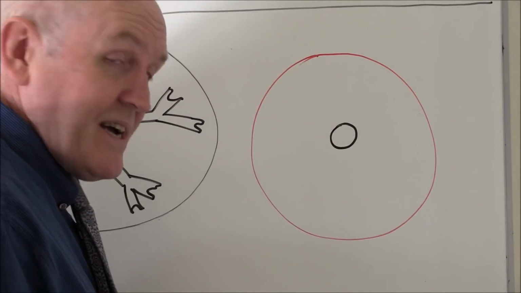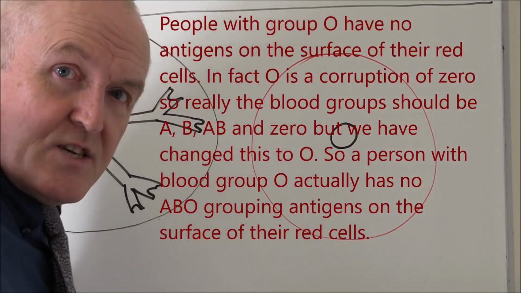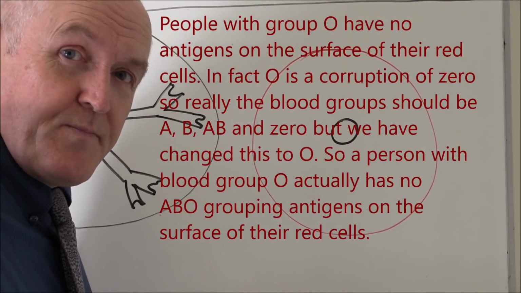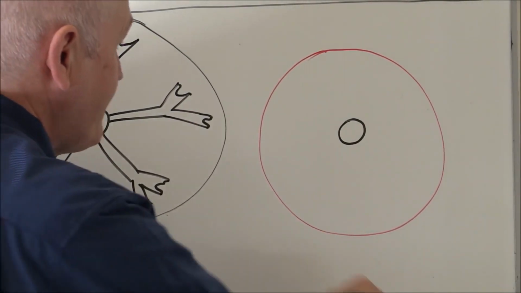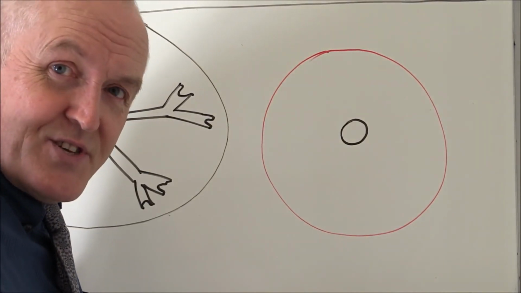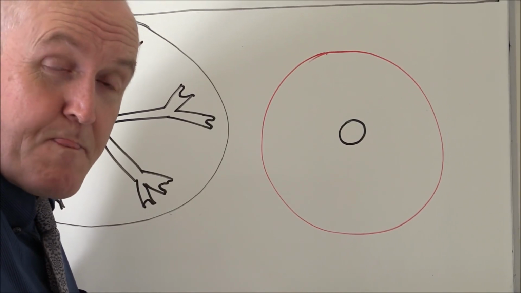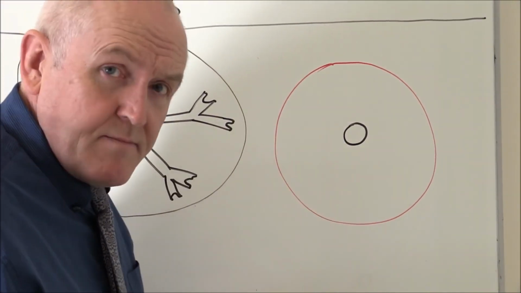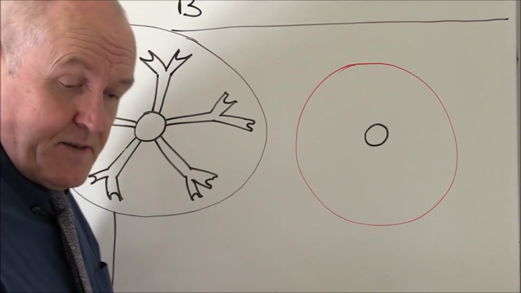That means that the red cells are group 0. And we know it is the red cell that determines the blood group. So the reason someone is blood group O is because they have no antigens on the surface of their erythrocytes, on the surface of their red cells. But in the plasma, someone who is blood group O will have the immunoglobulins.